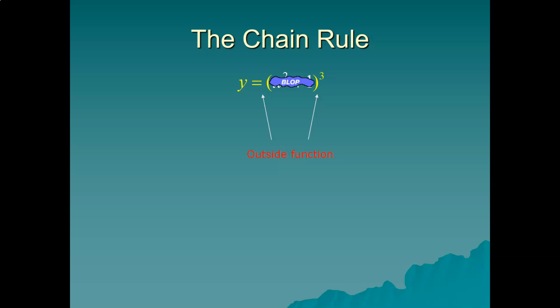All right. So we have our outside function. What we're going to do is take the derivative of the outside, which we said was 3 parentheses to the power 2, and we're going to copy and paste our inside function there, just like that. So notice how we took the inside, copied, pasted, threw it in.